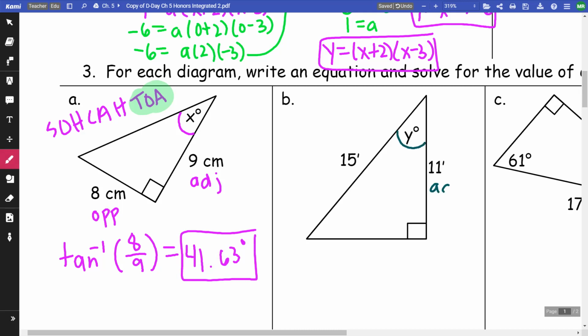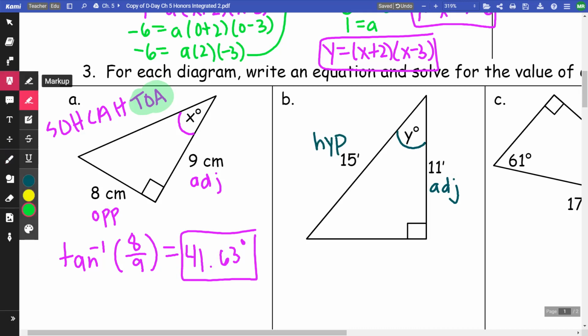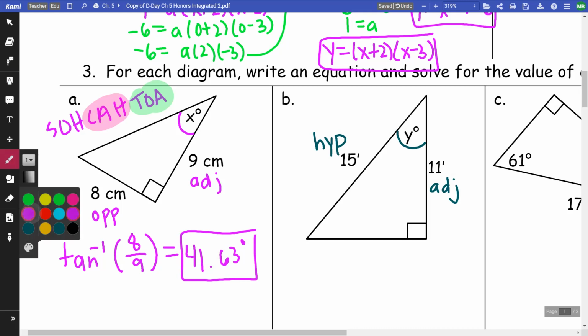Now for the next one, here's my angle. This is going to be adjacent. This is going to be hypotenuse. So this time I am dealing with adjacent and hypotenuse, so I'm going to be dealing with cosine.